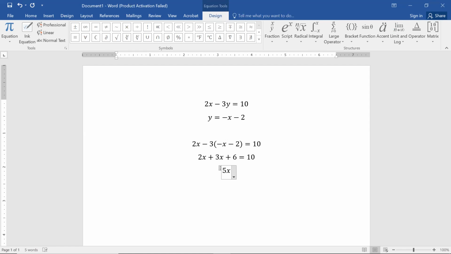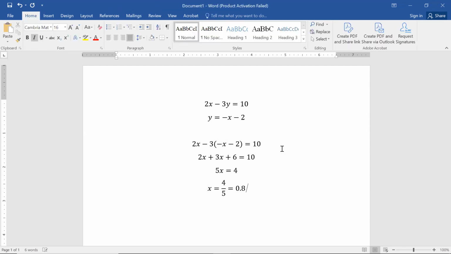Let's subtract 6 from both sides. That'll give you a 4. Then, dividing by 5, we get x has to be 4/5, or as a decimal, you can call that 0.8.